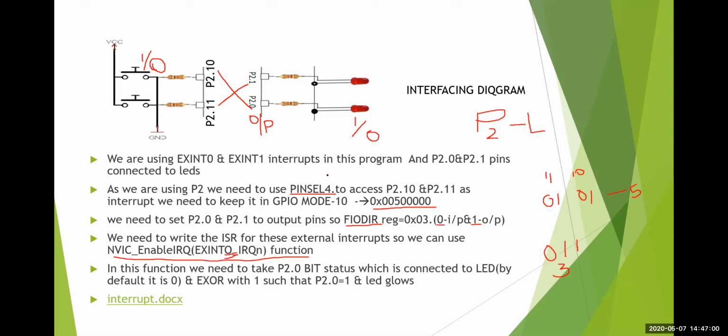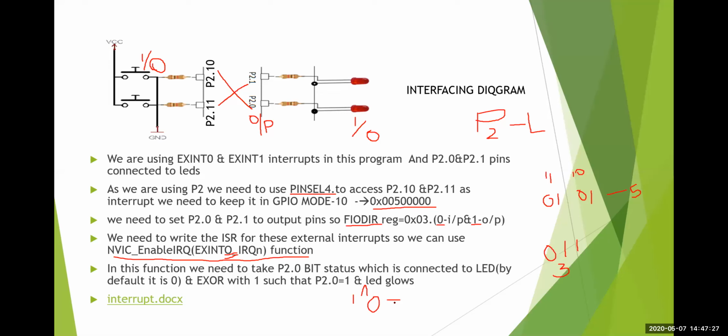Now, by default, in whatever pins you are using in our lab, all the pin status will be 1. Even if you directly connect the port pins to the LED, all the LEDs will be glowing. So how to make this particular LED switch on and off: by default I am taking the pin status as 1, and I am XORing that particular pin with 0.